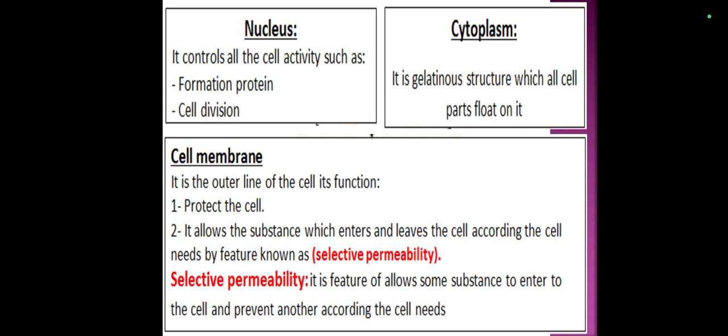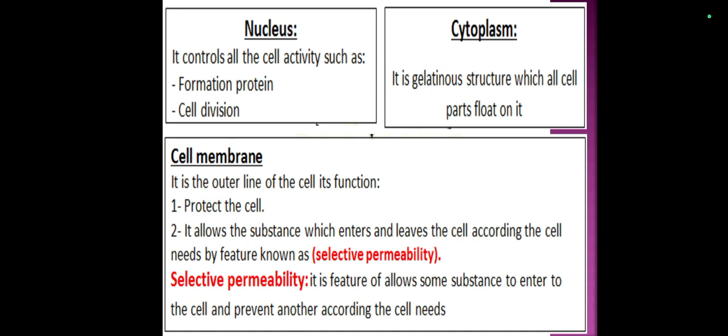What about the cell membrane? First, its function is to protect the cell. Second, it has a feature called selective permeability. What's selective permeability? It allows substances to enter or leave the cell according to the cell's needs.